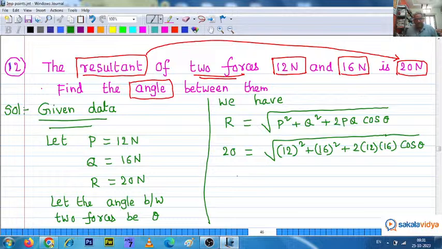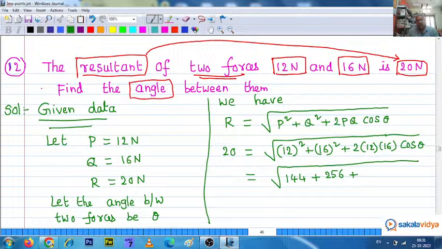I hope this is clear. So this is equal to the square root of 12 squared. What is the value of 12 squared? 12 into 12, that is 144. My dear students, all of you remember 12 squared is 144, 16 squared is 256.